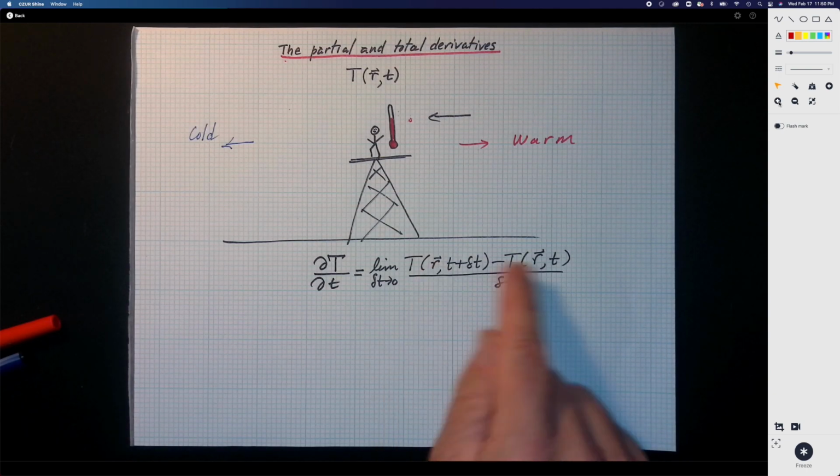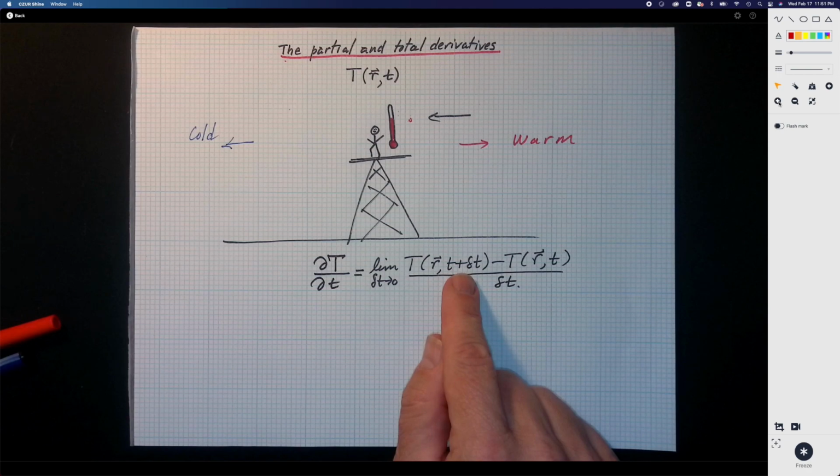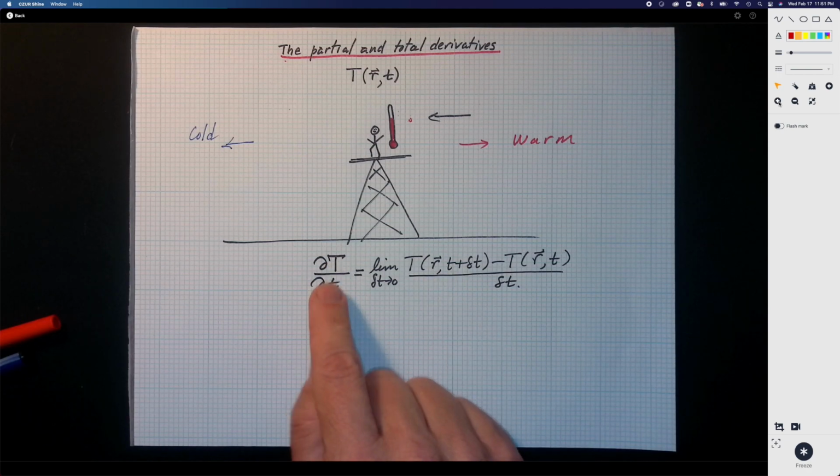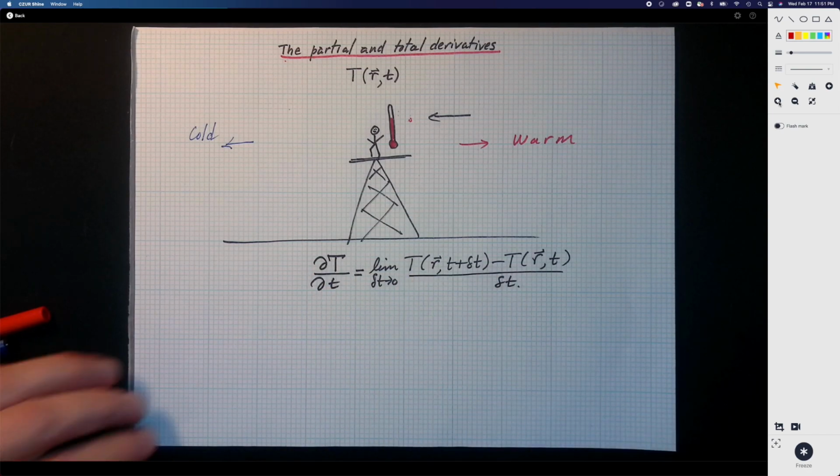Now, because r is fixed, the only thing that matters is the change of temperature with time, and so that's the partial derivative, the derivative of T holding r fixed. So that's the first example.